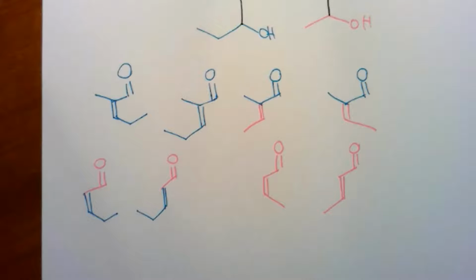So this crossed aldol creates 8 potential dehydrated aldol condensation products. Huh, that's a mess, right? It's very helpful to control a crossed aldol sometimes. And there are 3 main methods to do that. Let's talk through those 3 main methods.